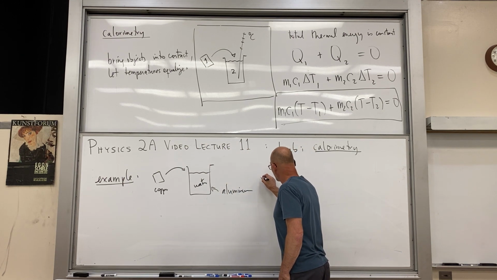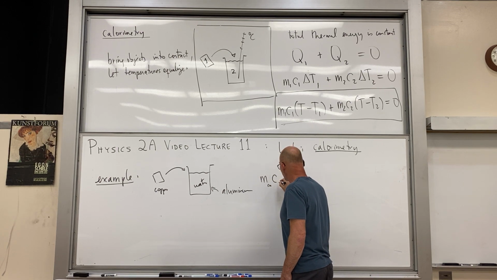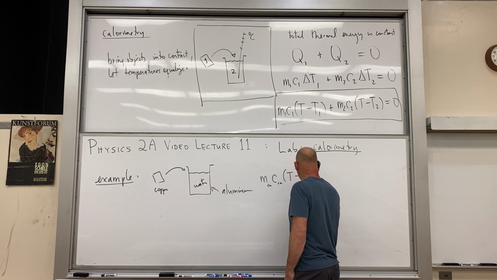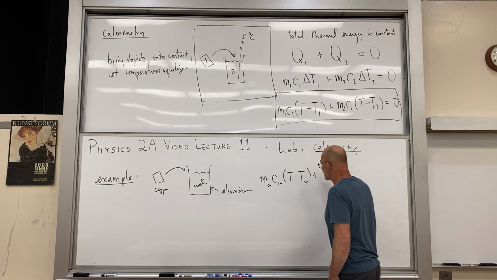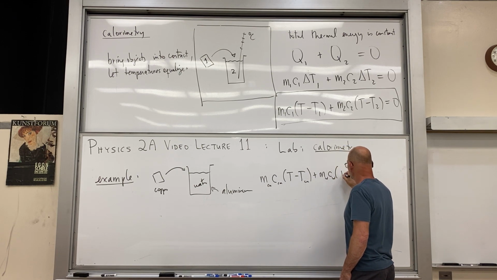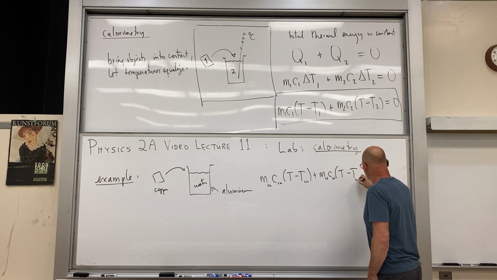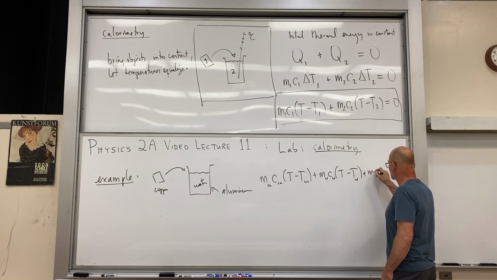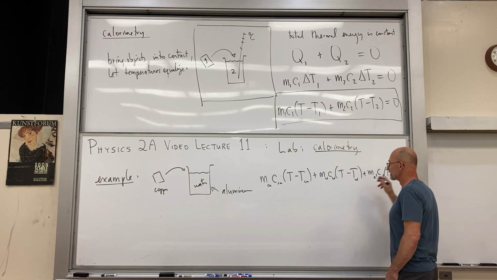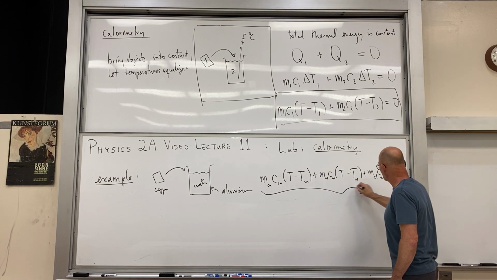And so we'll have to say mass of copper, specific heat of copper, T minus T of copper, plus mass of water, specific heat of water, T minus T of the water, plus mass of the aluminum, specific heat of the aluminum, T minus T of the aluminum, equals 0. Should have left a little more room here. Okay. So we've got an equation here, whole thing equals 0.